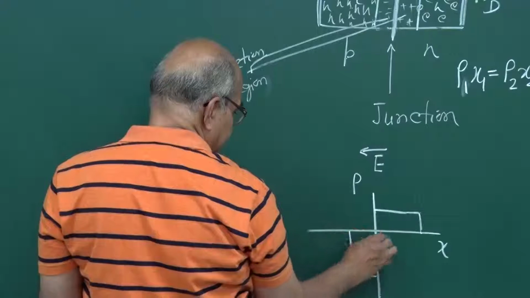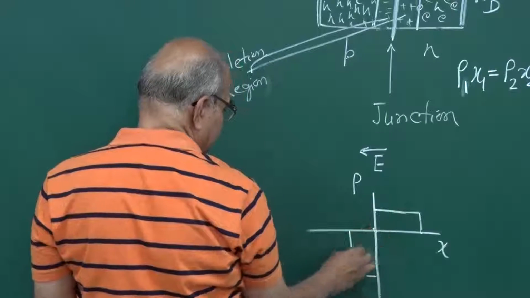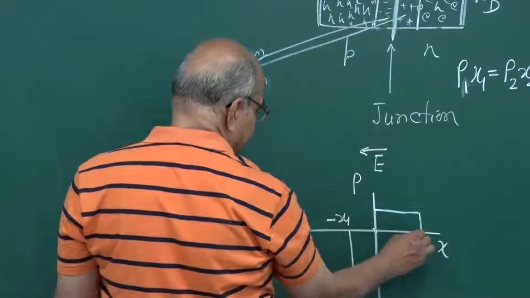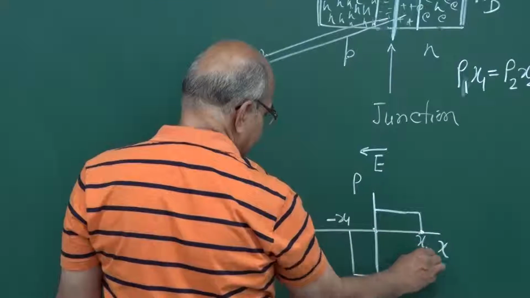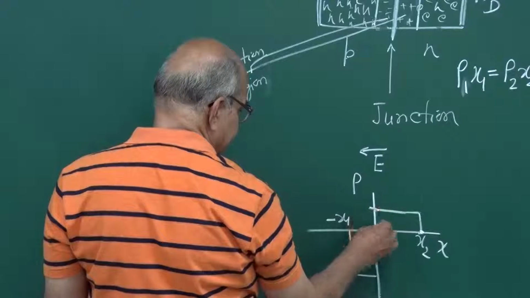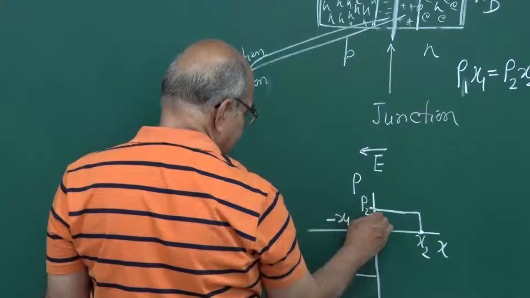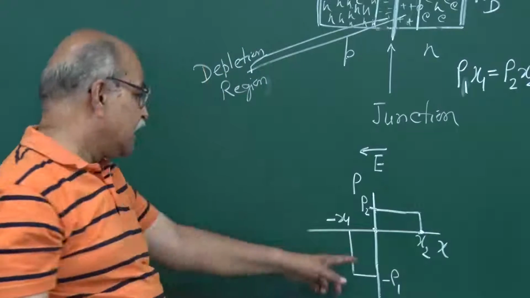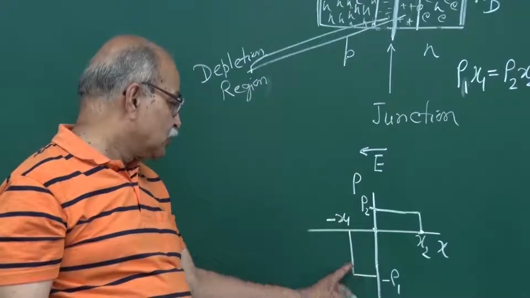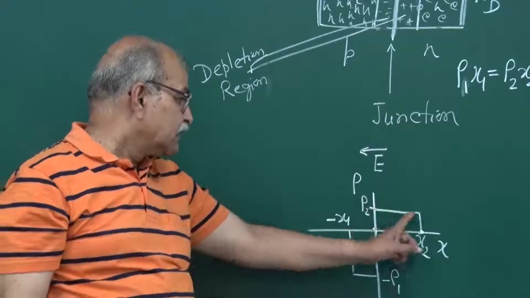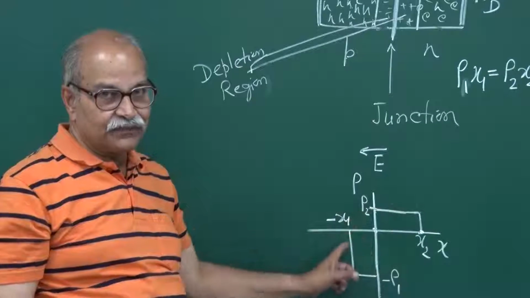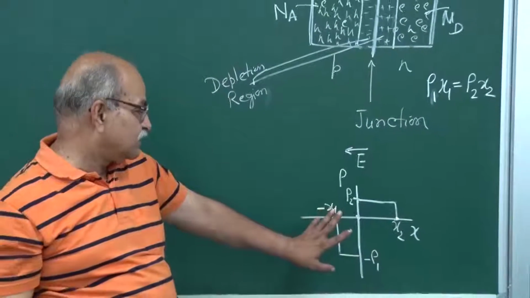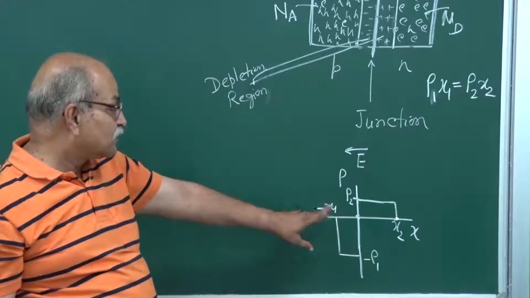If we call x equal to 0 here, this is x equal to minus x1, and this point is x equal to plus x2. This height here is rho 2, and this is minus rho 1. And this area rho 1 times x1 should be equal to this area rho 2 times x2. So this step function type is of course an approximation, but not a very bad approximation.